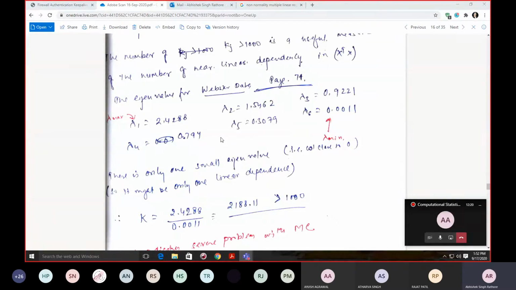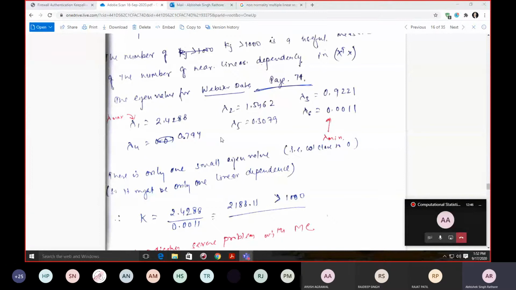You get the eigenvalue 2.448, then lambda 2, lambda 3, lambda 4 and lambda 6. While observing this, we can say that lambda 1 is the lambda maximum and lambda 6 is our lambda minimum. Again we are having only a single smallest eigenvalue, so we can say that it might be only one linear dependence.